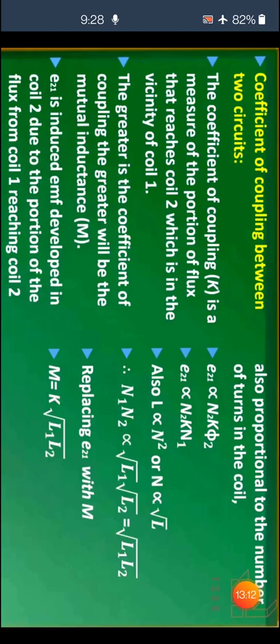Now replacing E21 with M, we can write the equation capital M is equal to K, outside the under root, in under root L1 L2. Therefore, K is usually less than unity.